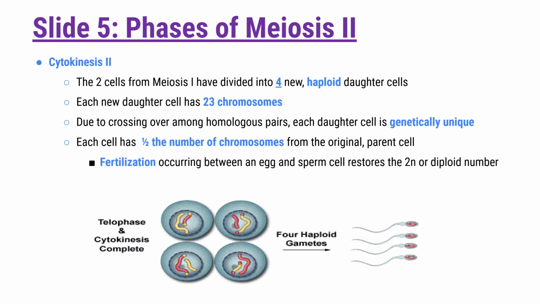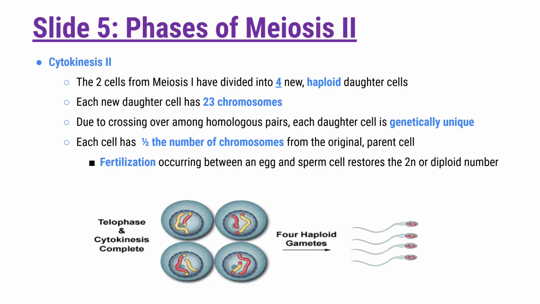And then cytokinesis 2, so the two cells from meiosis 1 have now divided into 4 new haploid daughter cells. These still have half the amount of chromosomes, so each new daughter cell is going to have 23, and due to crossing over among the homologous pairs, each of these daughter cells is now genetically unique.